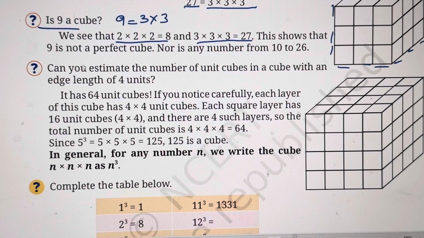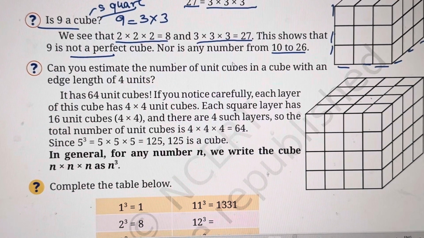It shows that 9 is not a perfect cube. Rather, it's a perfect square. We learnt in the previous videos, 9 is a perfect square. So any number between 1 and 27, none of them are perfect cubes. Okay. So 1, 8 and 27 are perfect cubes.